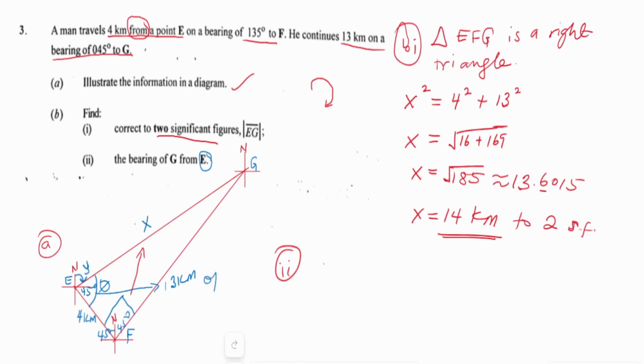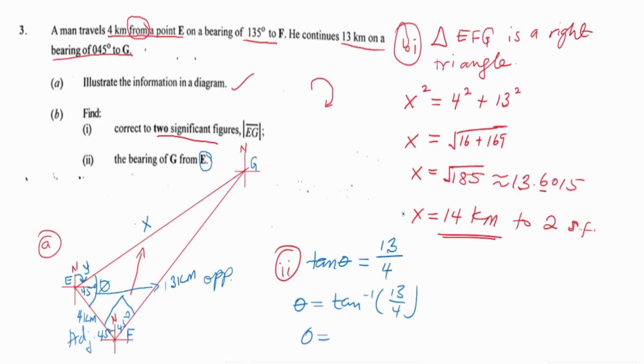Because of that, tan is the best ratio for this. So tan theta equals opposite over adjacent, 13 over 4. Taking the tan inverse of both sides, theta equals tan inverse of 13 over 4.